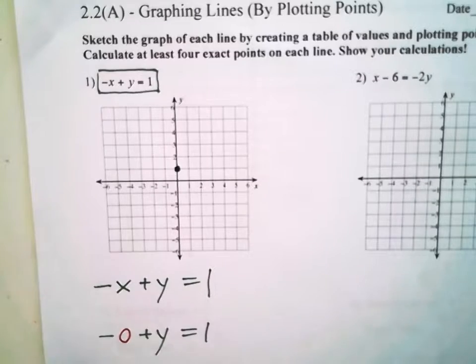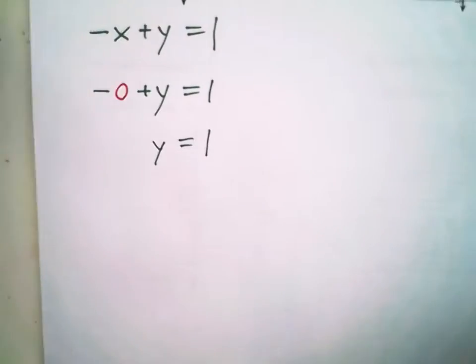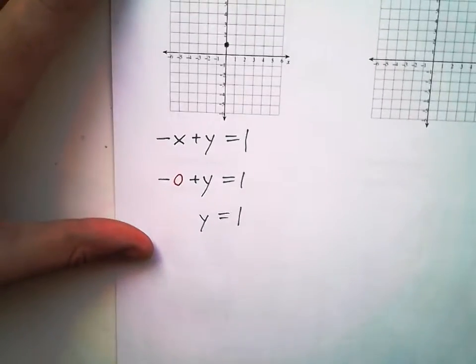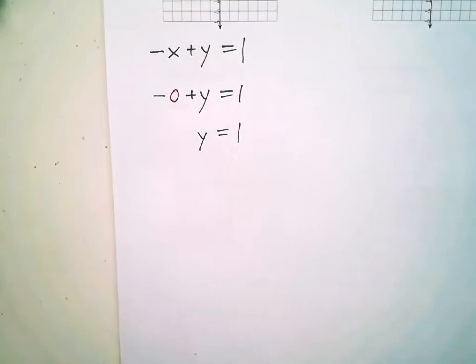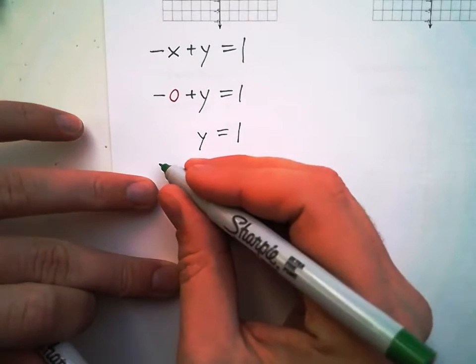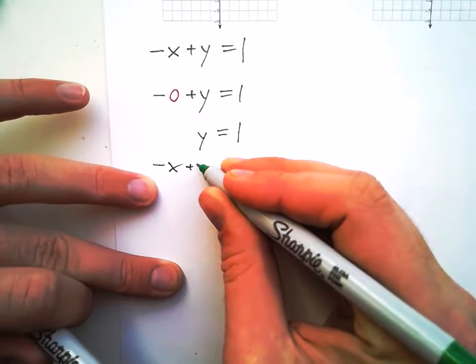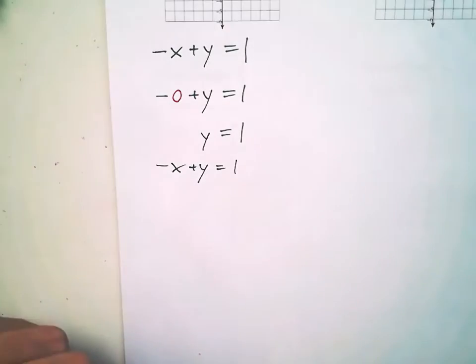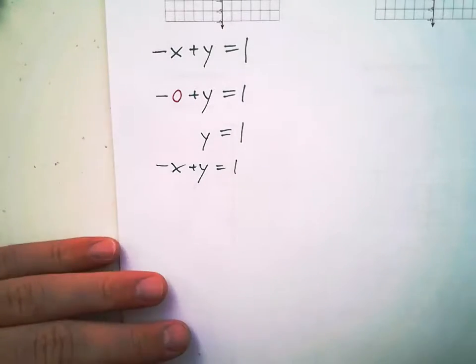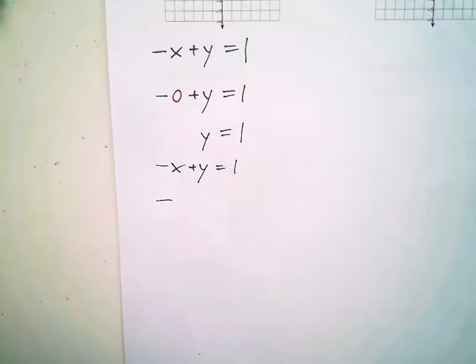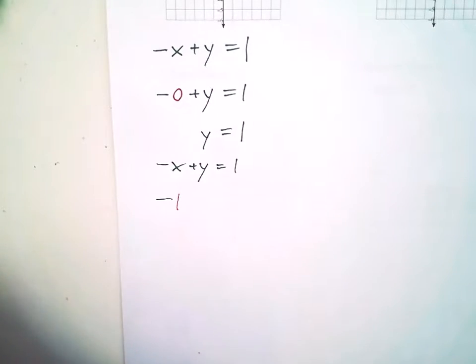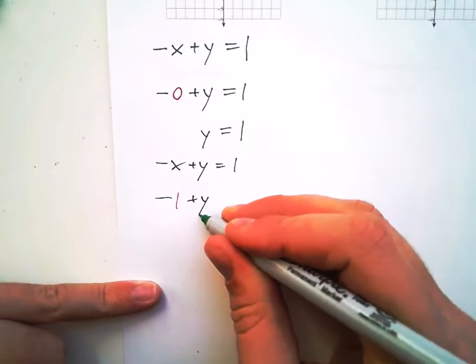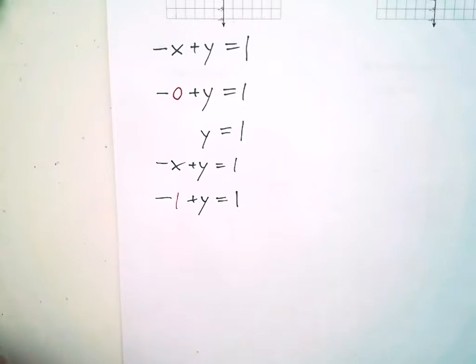Okay, let's find another point. So start off with our equation, negative x plus y equals 1. What if x is 1? Then we've got negative 1 plus y equals 1.